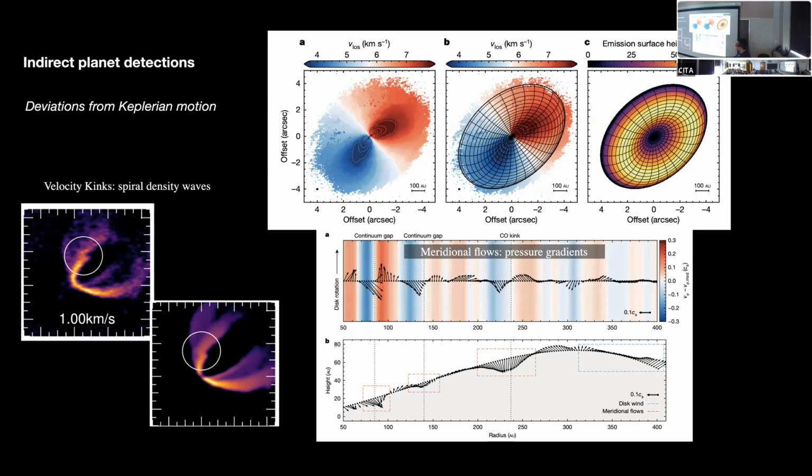And in some particular cases, if the planets are actually massive enough, and that's the work done by Christophe Pinte and company, you can detect also in these channel maps, if you go to an isovelocity curve, you can see that sometimes there is what they call a kink. So there is a velocity perturbation. Otherwise, this would be pretty much circular. You see here that there is a kink.